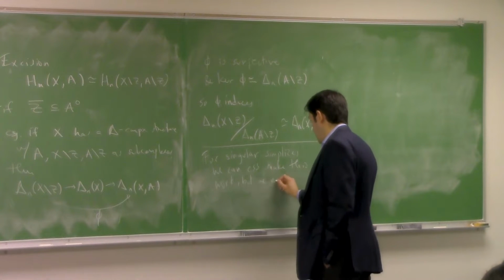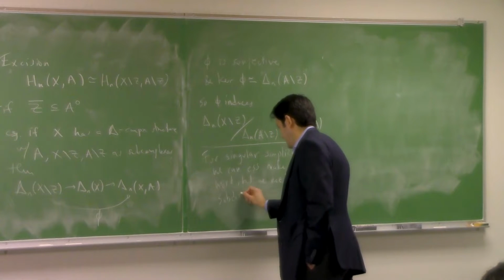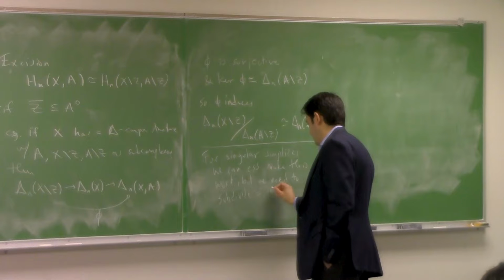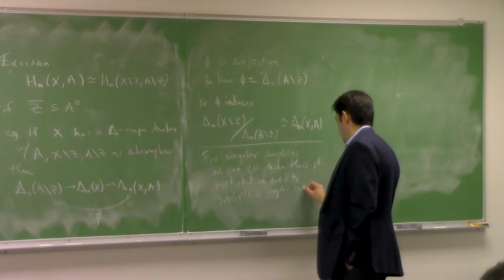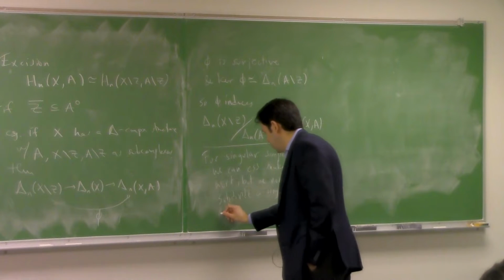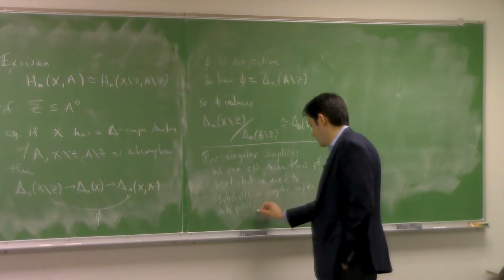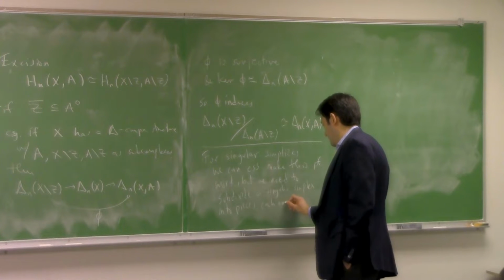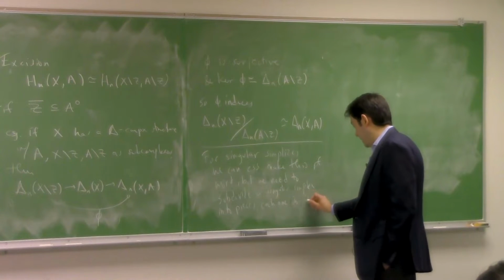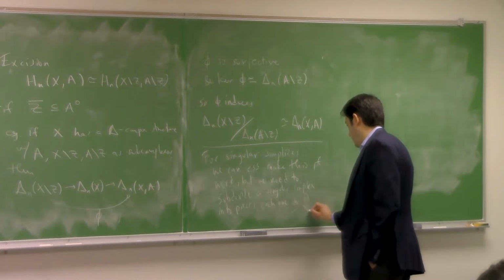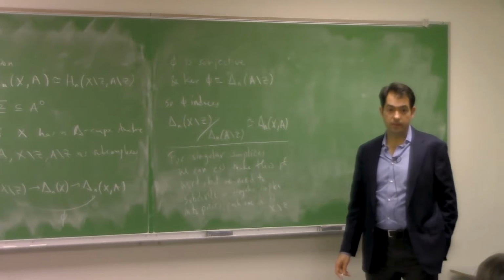But we need to subdivide a singular simplex into pieces, each one in either A or X minus Z, right?